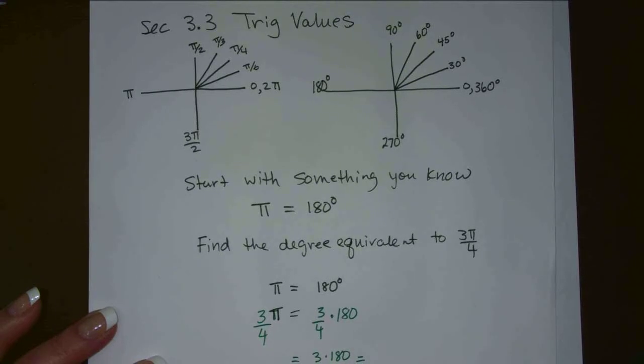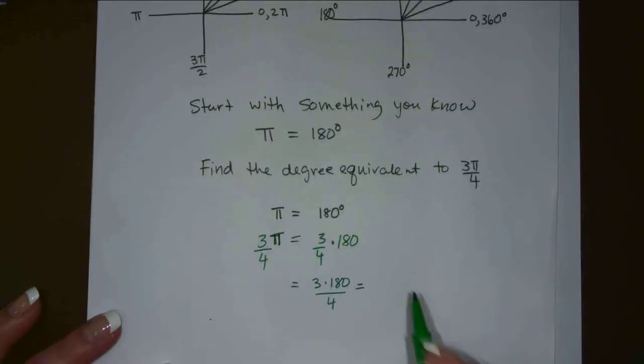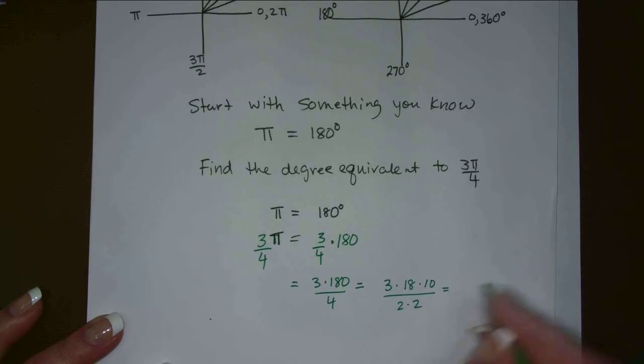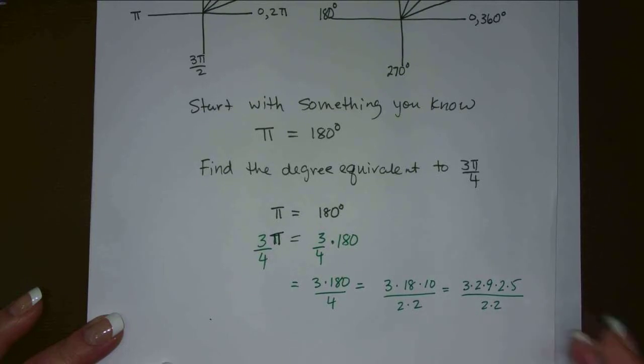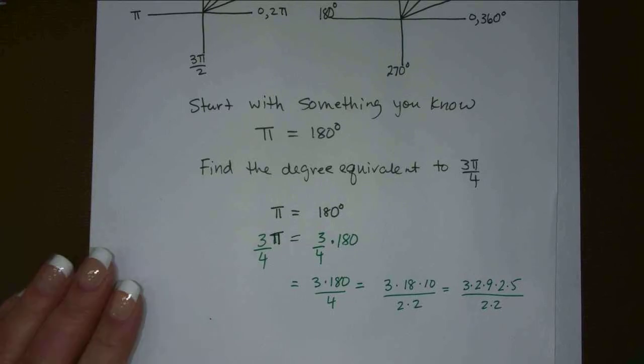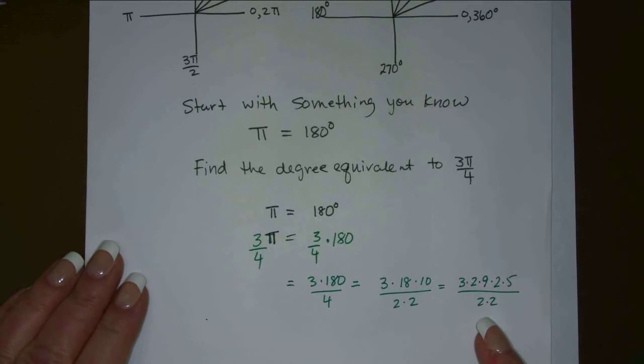So what can we do here to simplify this? Well, 180 is 18 times 10, 4 is 2 times 2. I mean, you can cross off before that, but this is how we did it early on. Break them up small. Okay, what cancels? Both 2's?